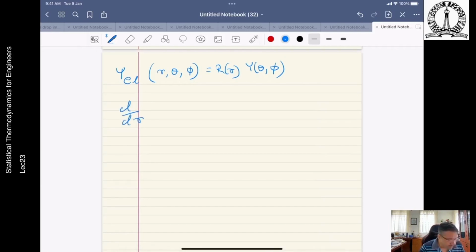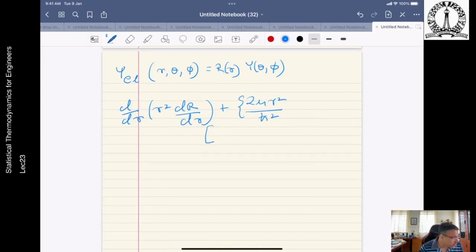d by dr of r squared dR by dr, plus, we brought in the concept of the reduced mass, two mu r squared by h bar squared, E internal minus V(R), minus alpha into R is equal to 0.